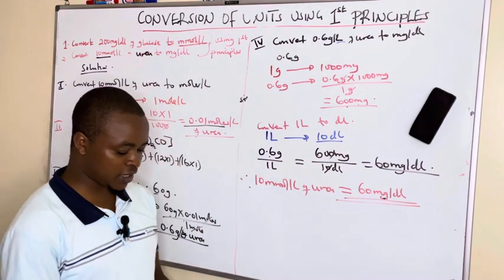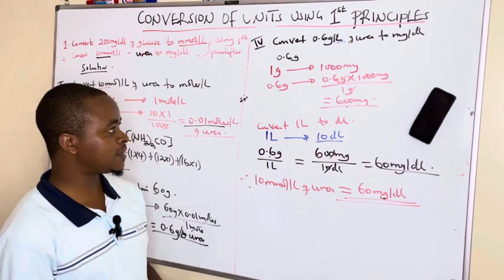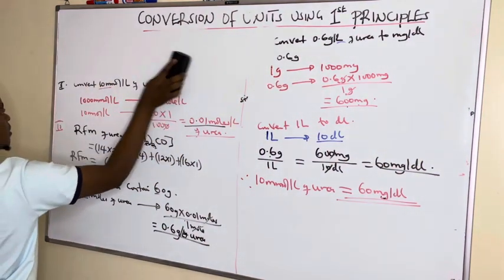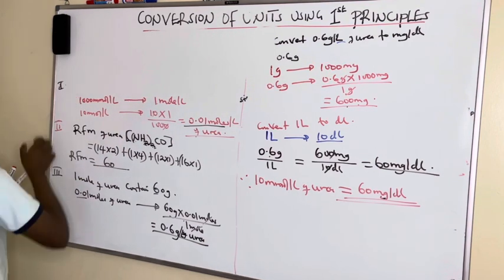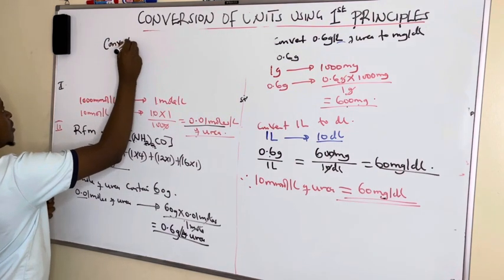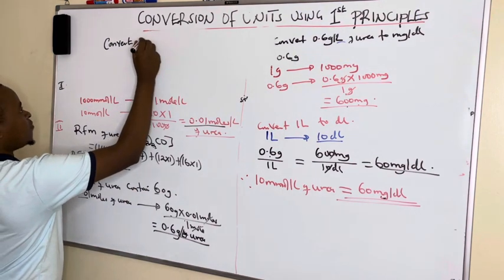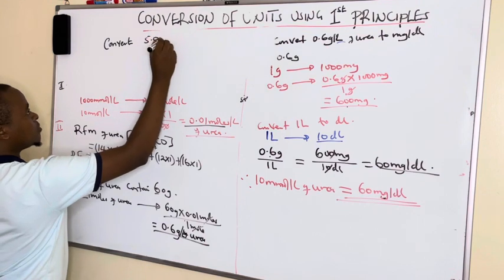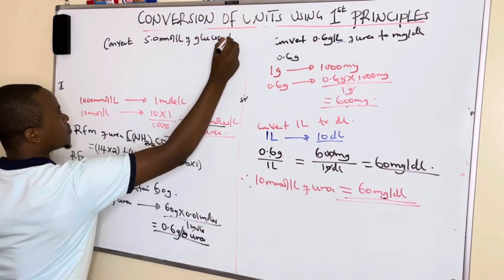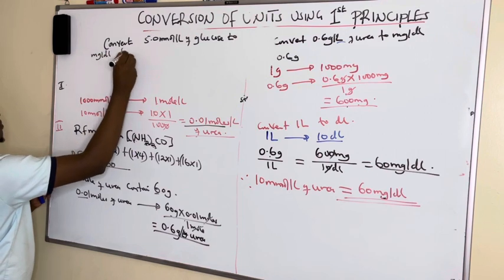And I want to give you an exercise, whereby you shall go to the comment section and tell us the answer, or inbox me the answer. The question I want you to do as an exercise: I want you to convert 5.0 millimoles of glucose to milligrams per deciliter from first principles.